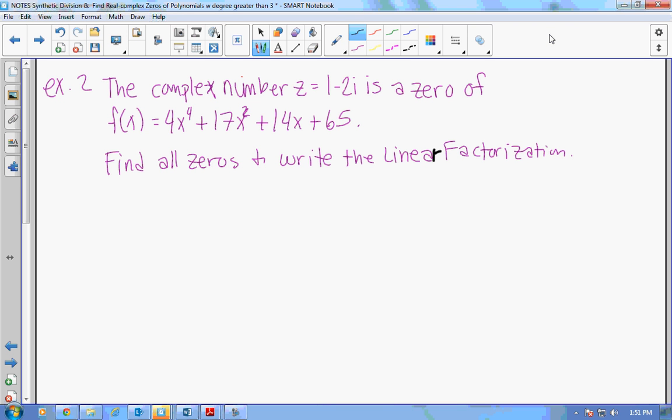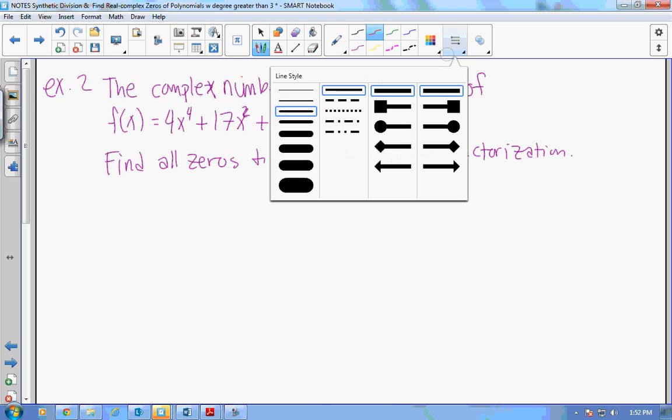Gabby, how many x-intercepts or zeros in total should we be looking for? 4, because the highest degree is a 4. Now those can be real, or they can be complex, or they can be a mixture of both. They've given us one complex, and we know, because we have a theorem, that these come in pairs.